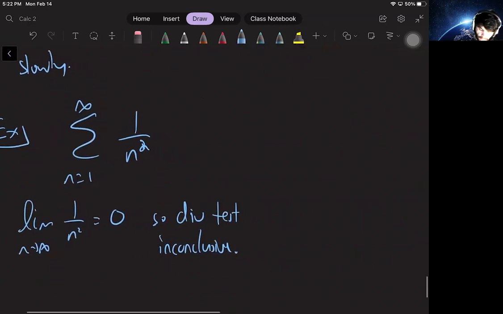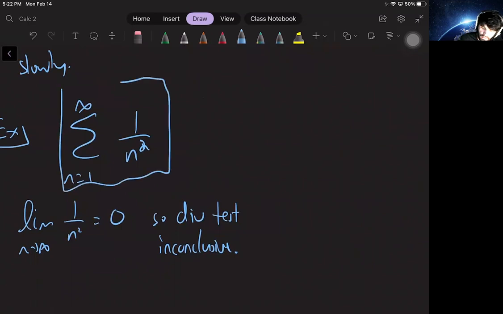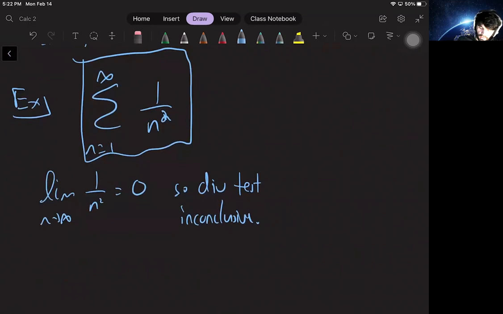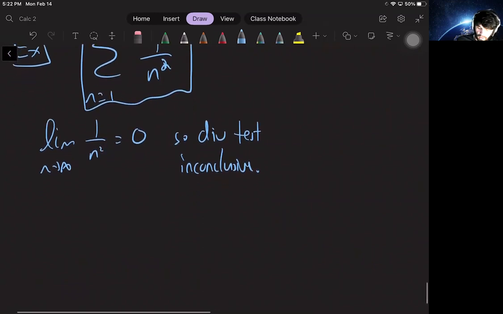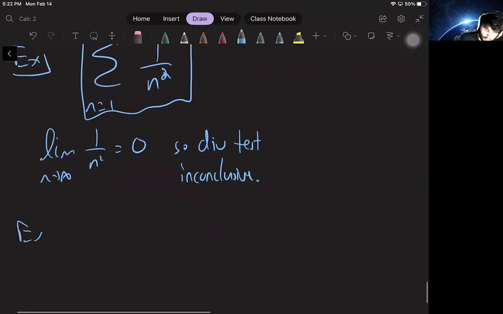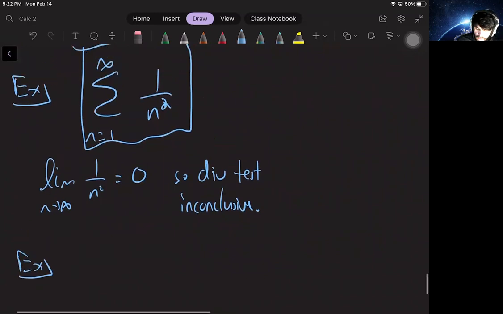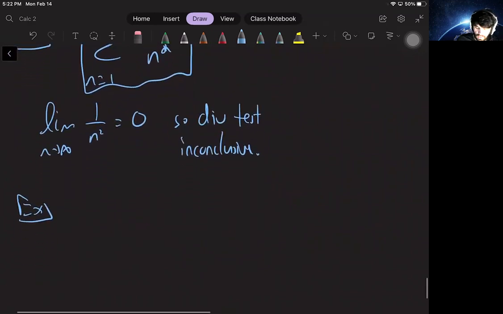It tells you nothing about the series. You're always trying to figure out something about the series by doing something. And here we're learning about the series by taking the limit of the sequence. In this case, we're learning nothing at all. It doesn't help at all. So we'll have to learn something else to deal with that. That's just the end of that problem for now, because we don't know how to do it.